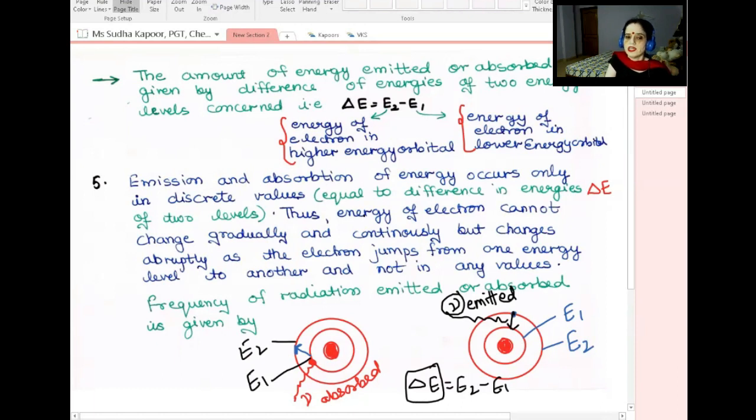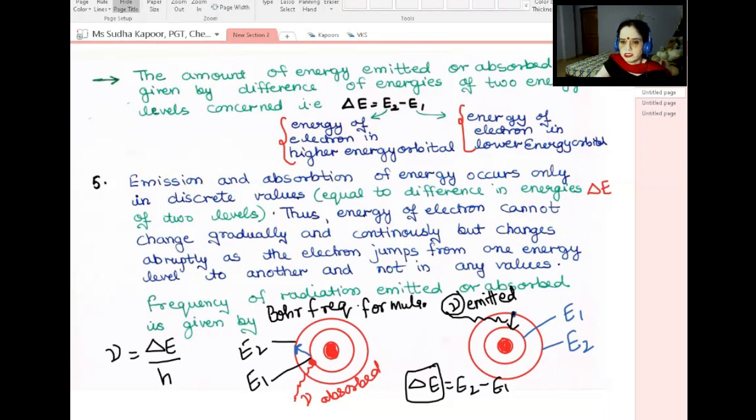So we can say that the frequency of radiation emitted or absorbed is given by nu is equal to delta E upon h. Nu is the frequency absorbed or emitted, delta E is the change in energy, and h is the Planck's constant. This formula is also known as the Bohr frequency formula.